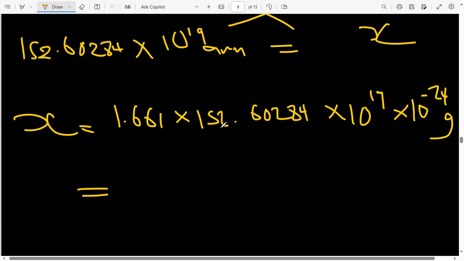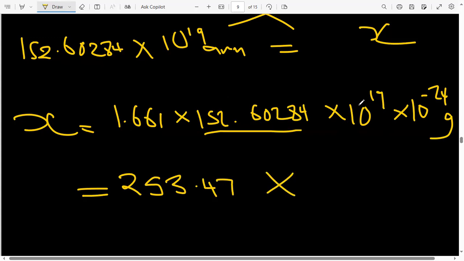What is this number multiplied by this number? 152.60284 multiplied by 1.661, and then I'll get 253.47.